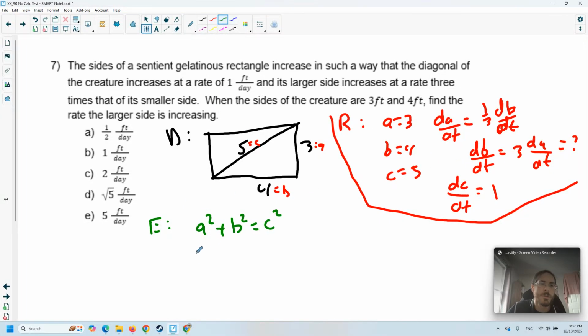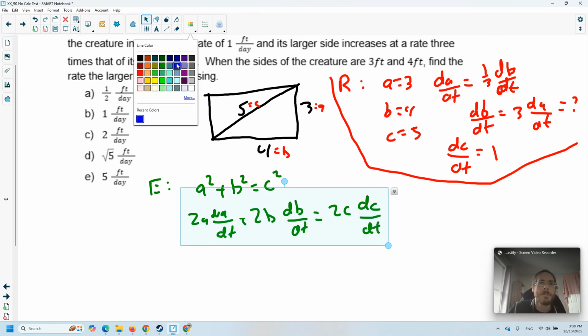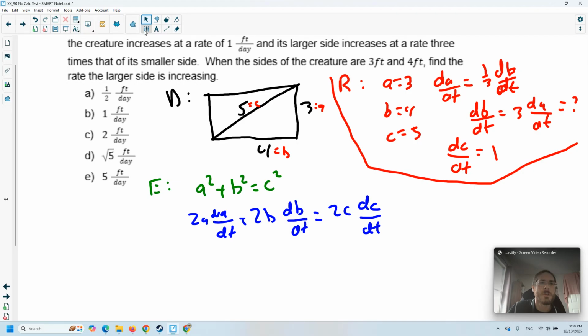So we take our derivative: 2a dA/dt plus 2b dB/dt equals 2c dC/dt. And then we just substitute everything in.